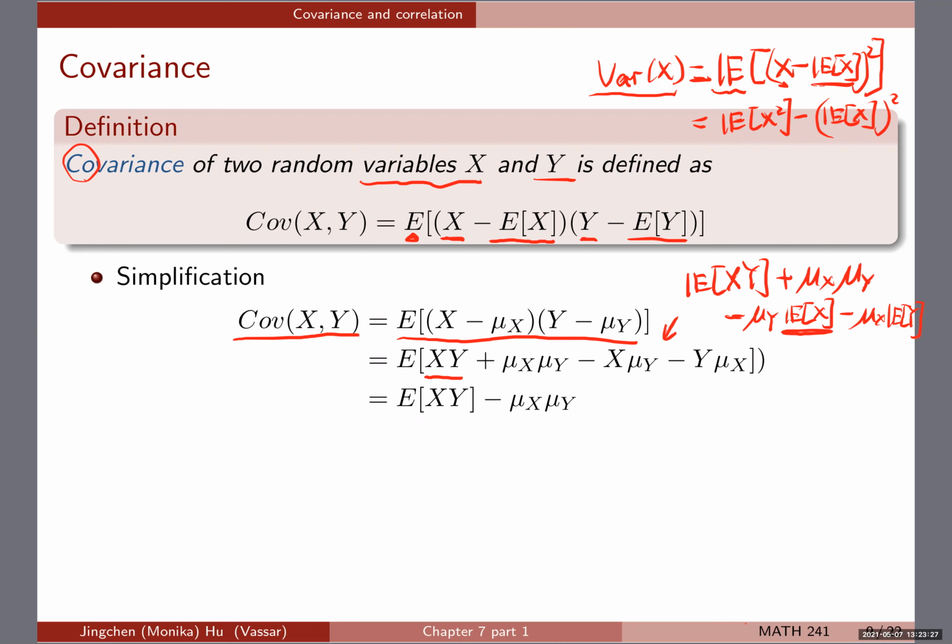Notice that this is our mu X, and this is our mu Y. So essentially, you add one copy of mu X mu Y, but you subtract two copies of them. That's why in the end, you have minus mu X mu Y.